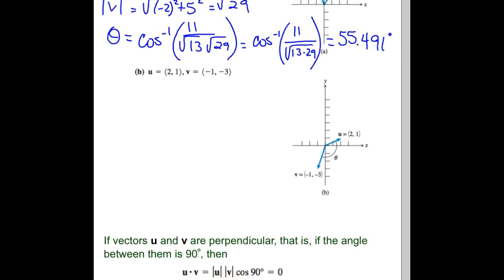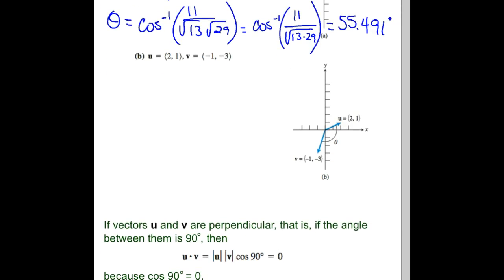All right, let's check our second example here. We need the dot product. We need the length of each one. So dot product would be first times first plus second times second. So we end up with negative 5.